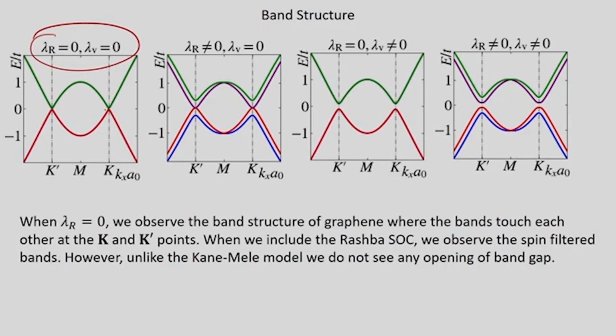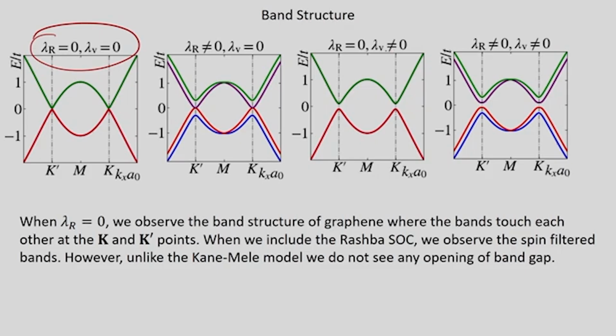Once one switches on lambda R, the bands still touch, but the conduction band and the valence band become spin resolved. The ones you're seeing in blue and red are spin-resolved valence bands, and the magenta and the green correspond to the spin-resolved conduction bands.